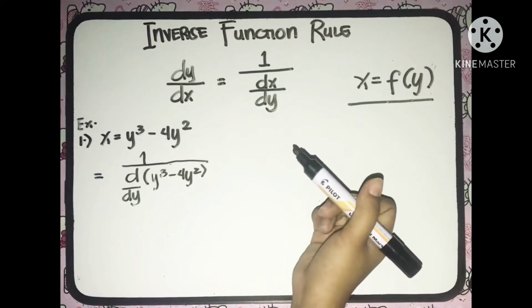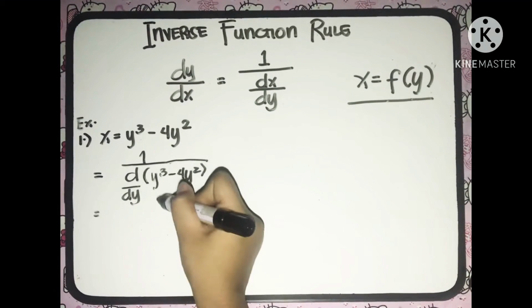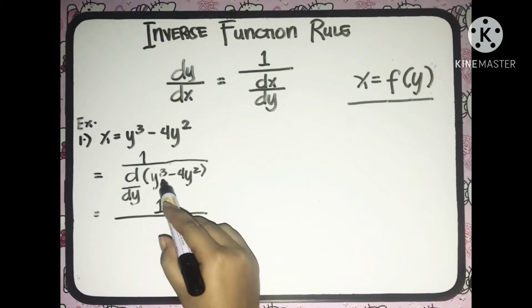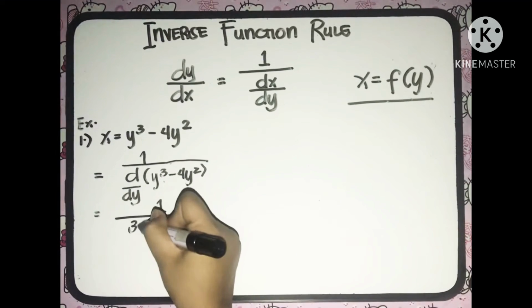Okay, again applying the rules in differentiation, we'll have here 1 over the derivative of y cubed minus 4y squared. So we'll have 3y squared.